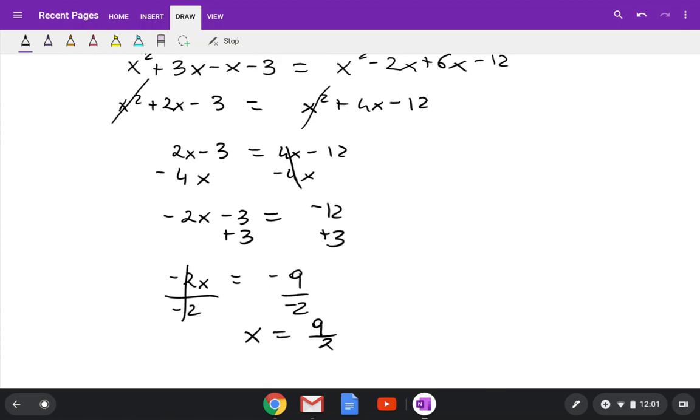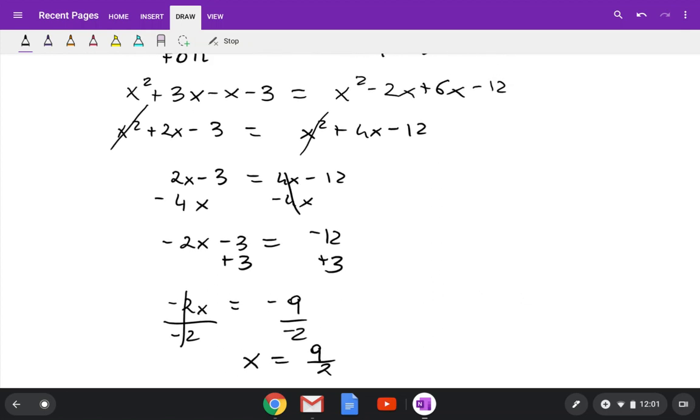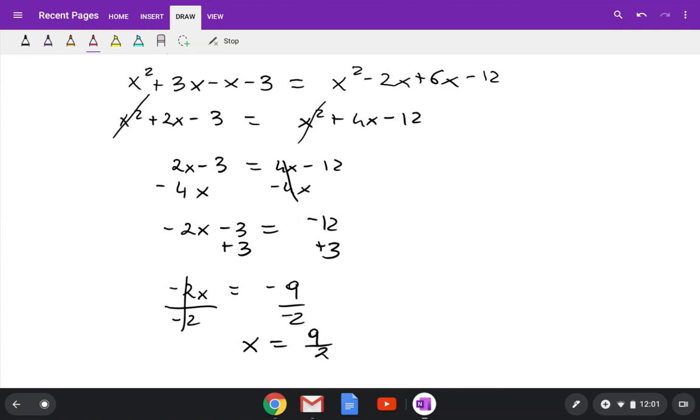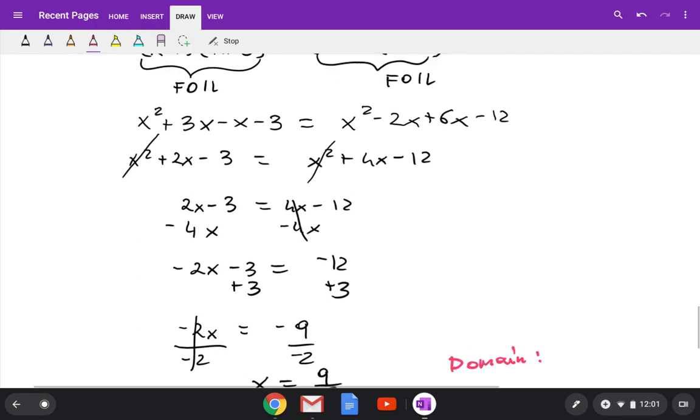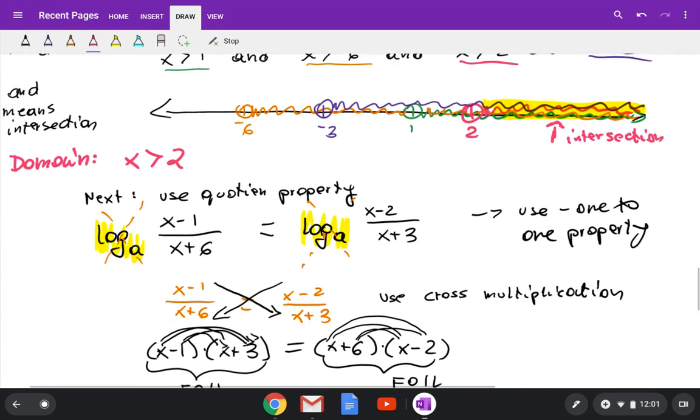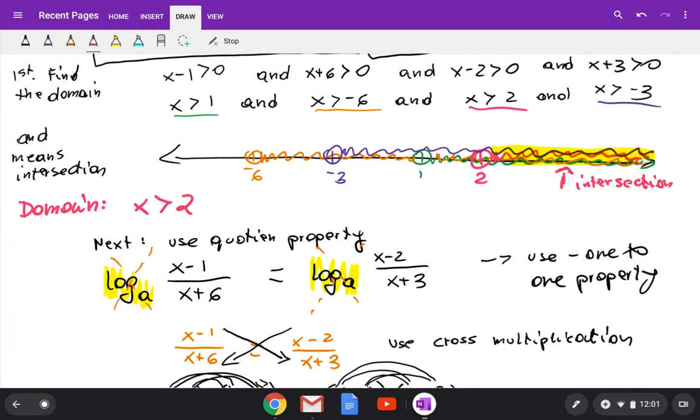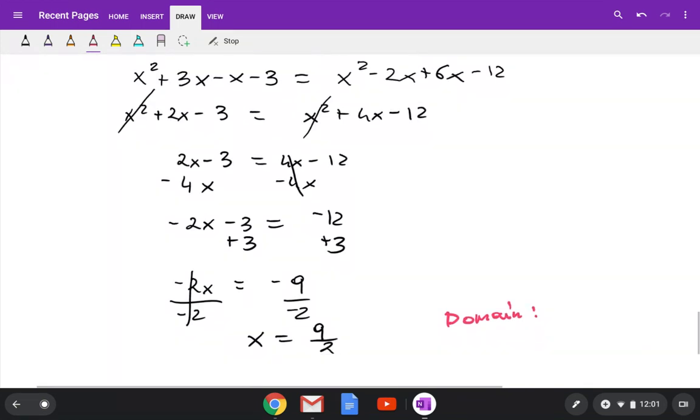Let me check if this is the correct solution. So let's go back to the domain. Our solution has to be in the domain. Domain, our x is greater than 2. So definitely x equal 9 over 2 belongs to that domain.